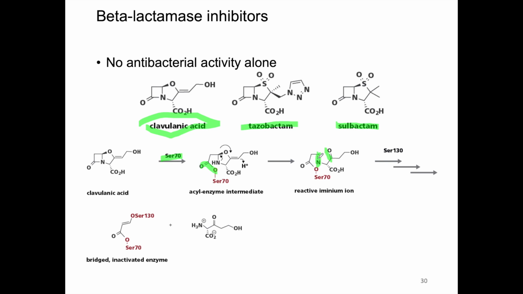It just so turns out that that imine functionality will react with another hydroxyl on the enzyme to generate this bridged inactivated beta-lactamase. With the two covalent bonds holding the fragment of the drug, the beta-lactamase has been shut down and is no longer able to hydrolyze the penicillins or cephalosporins.